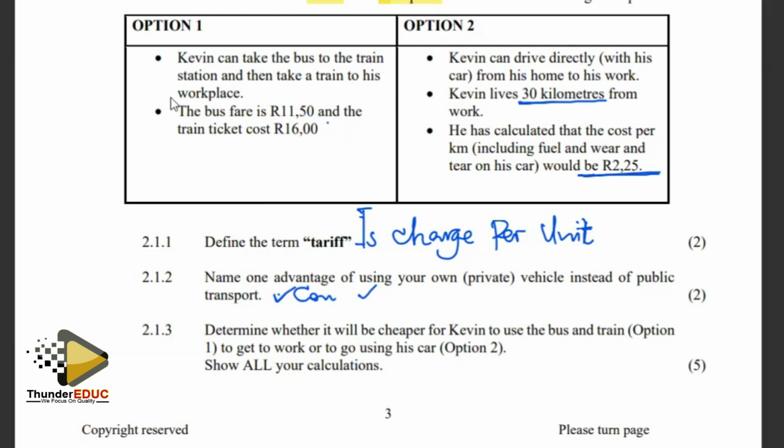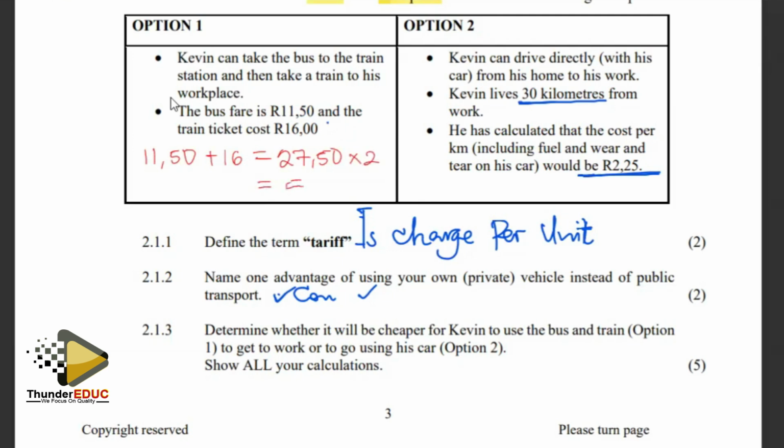If it's to use a bus, he will spend 11 rands 50 cents, plus he has to use a train, which is 16 rands. When you add this, you end up having 27 rands 50 cents. But I told you it's to and fro. So multiply by 2.